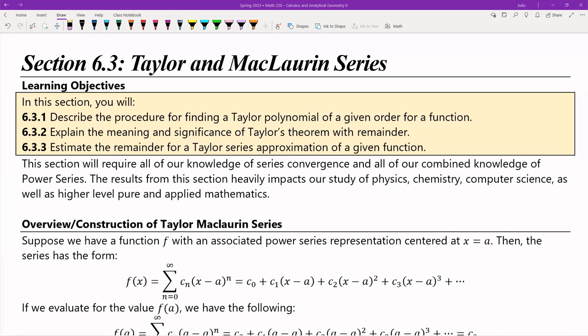Taylor series and Maclaurin series. They're a pretty big and profound, very substantial jump in terms of the utility of mathematics, not only in studying more math, but you can really apply it to physics, chemistry.